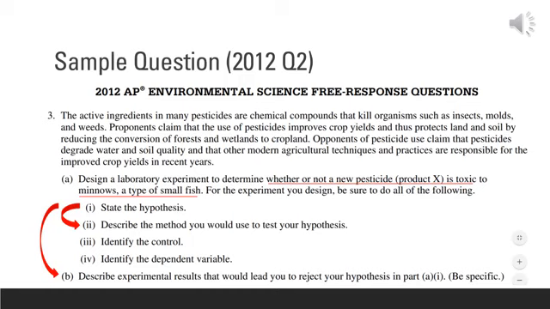You must design an experiment that accurately tests the hypothesis you were given. For part B, we are asked to describe experimental results that would lead us to reject our hypothesis in part A1. Even if we give very compelling evidence in part B, if it does not show contradictory to the hypothesis that's stated in A1, we will not get credit for it.